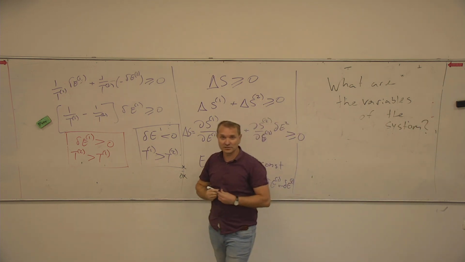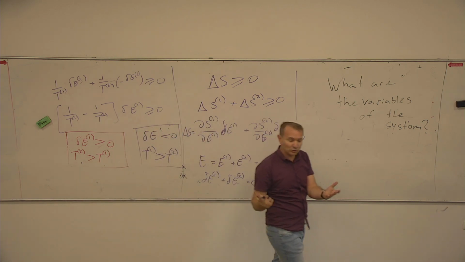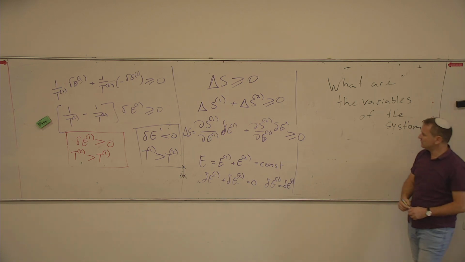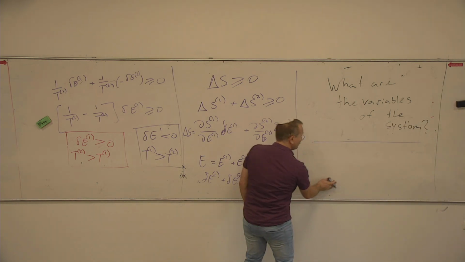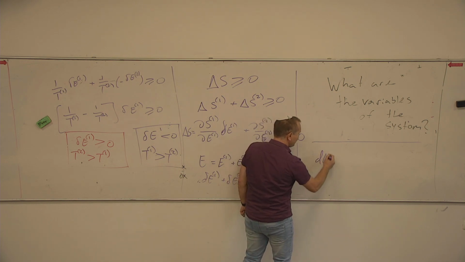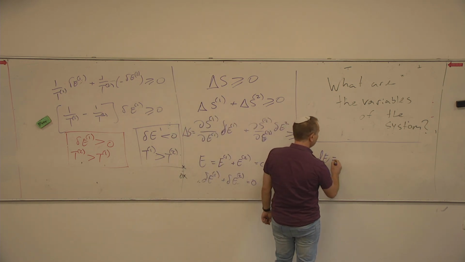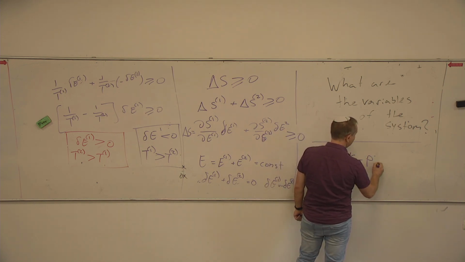And the answer is, because it's like a mathematical theory, you have to look at the function you are interested in. And the only function that we have so far is the function for the energy, right? So for the energy, we developed from the first law of thermodynamics that dE is T dS minus P dV.